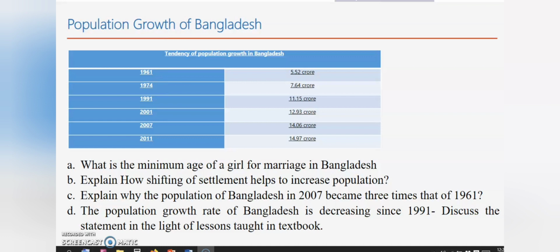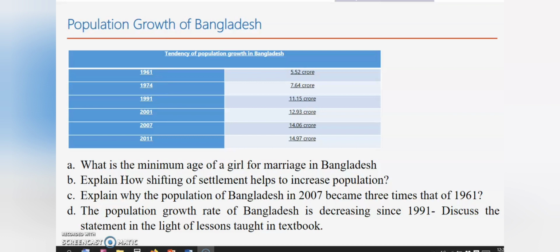The first question is: what is the minimum age of a girl for marriage in Bangladesh? Next, you have to explain how shifting of settlement helps to increase population.